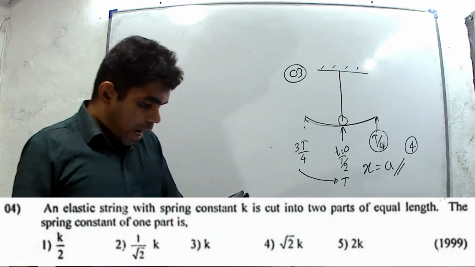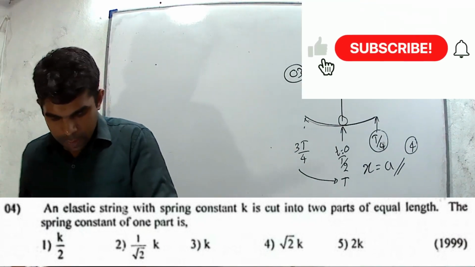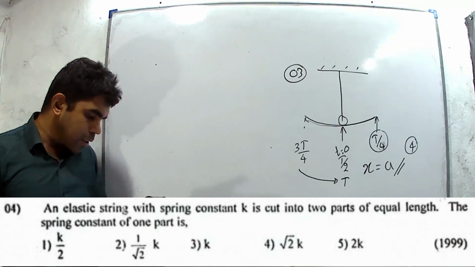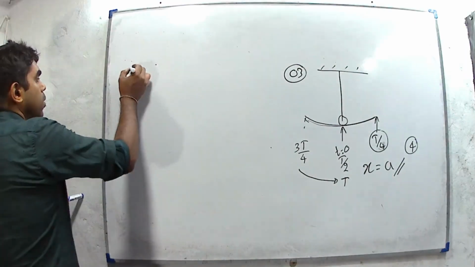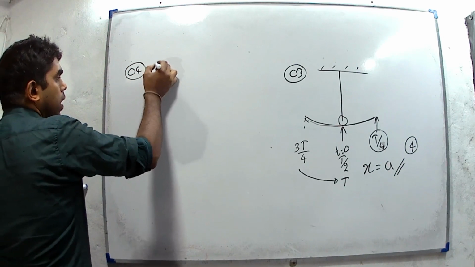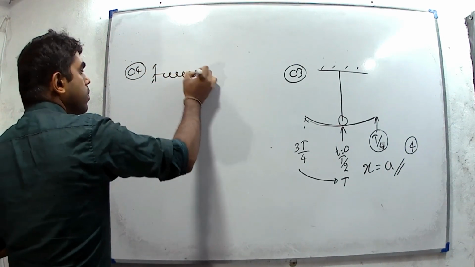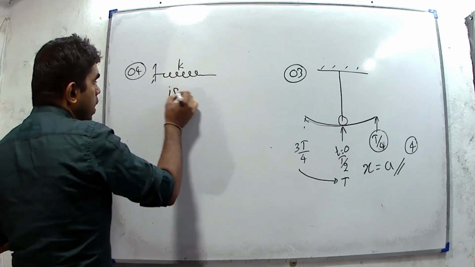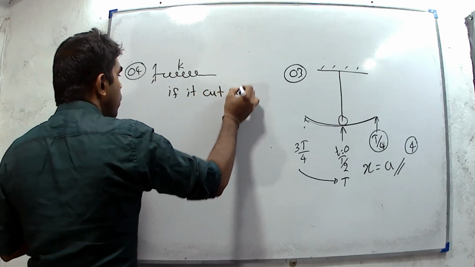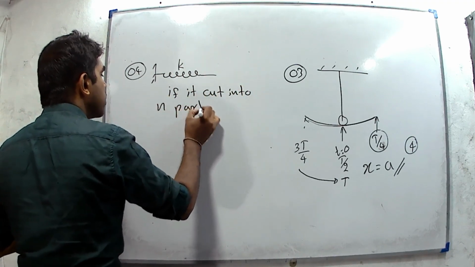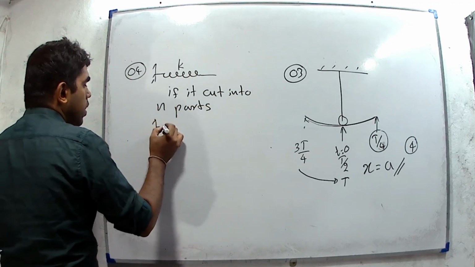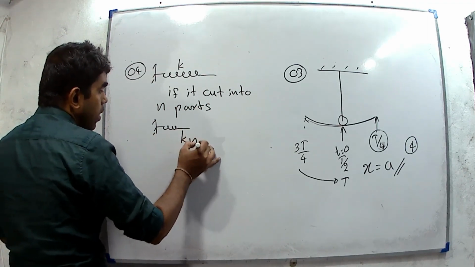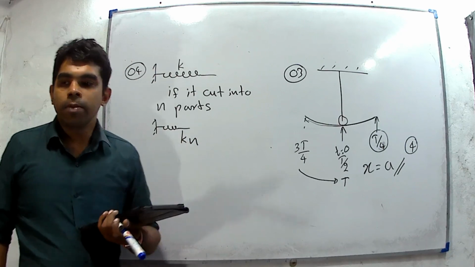Question number 4. An elastic string with a spring constant k is cut into 2 parts of equal length. The spring constant of one part is... We have to remember the theory. If a spring or elastic string with spring constant k is cut into n parts, then the spring constant for one part is k times n.